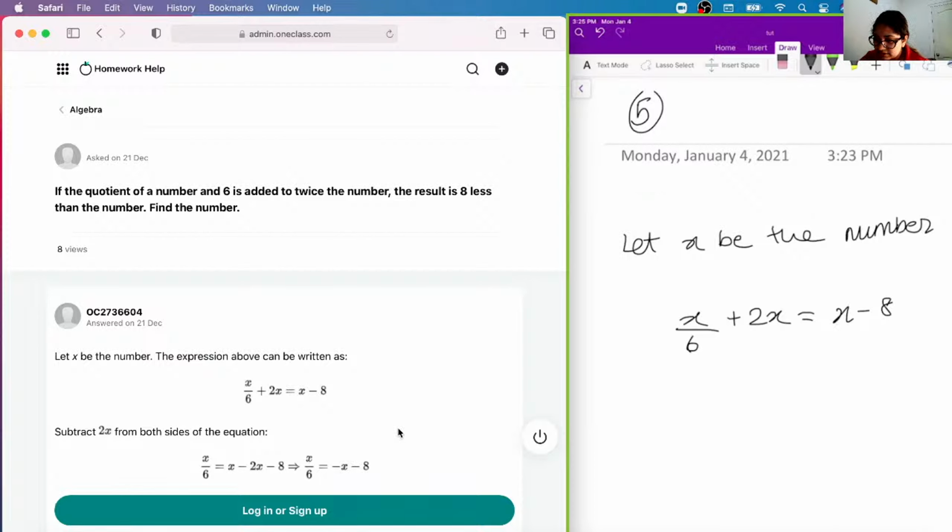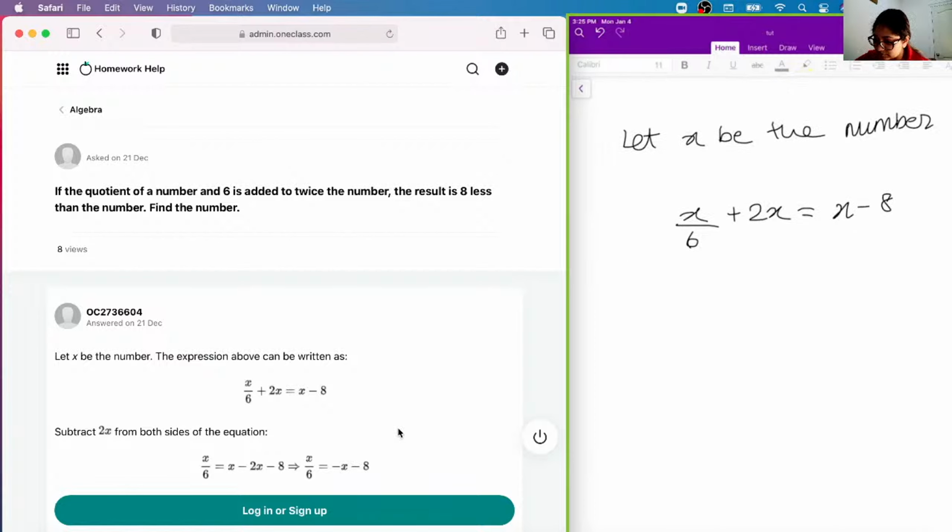So we have our expression, and now we're going to solve for x. To do that, we should rearrange this so that everything is on one side, and it would be easier to factor. The first step would be to subtract 2x, or move it to the other side, so we have x over 6 by itself.